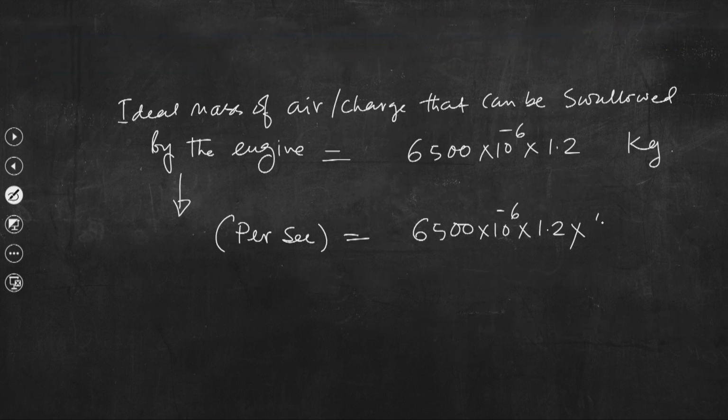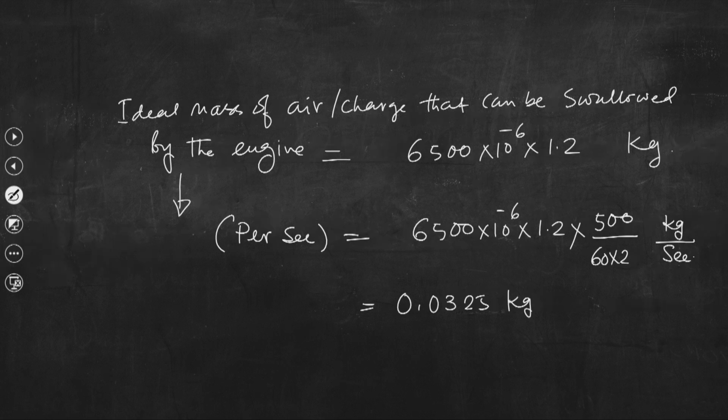So, 500 by 60 into 2, that is the number of cycles per second. So, this should be kg per second. Okay. If we calculate it, it is coming as 0.0325 kg per second. So, this is basically the ideal mass of air that can be drawn into the engine.